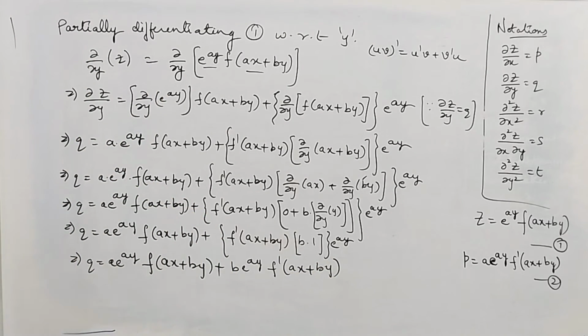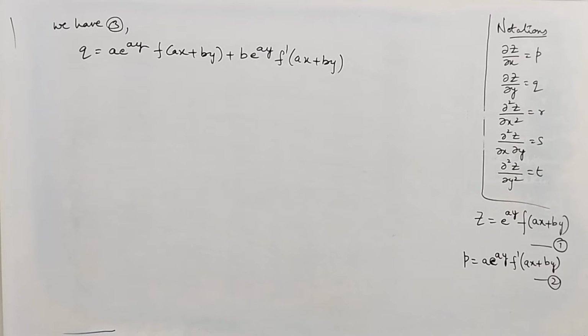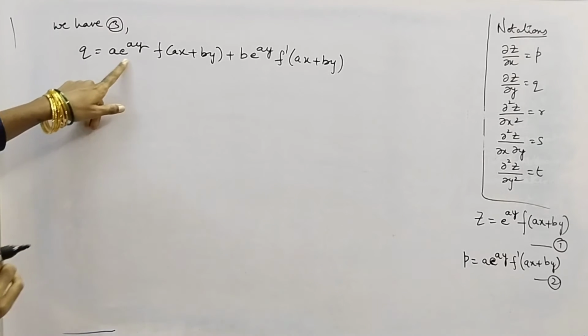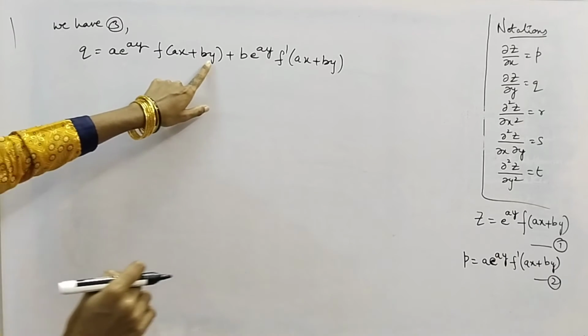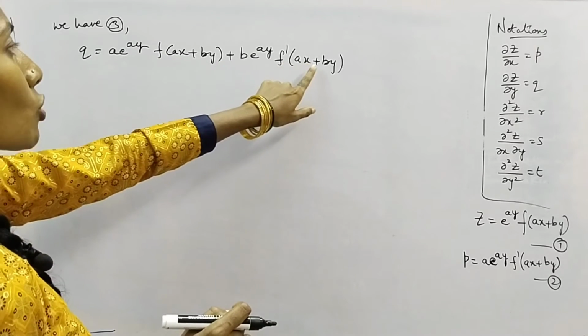Fine. Consider it as equation number 3. Now we are having equation 3, q equal to a e power ay into f of ax plus by plus b into e power ay into f dash of ax plus by.